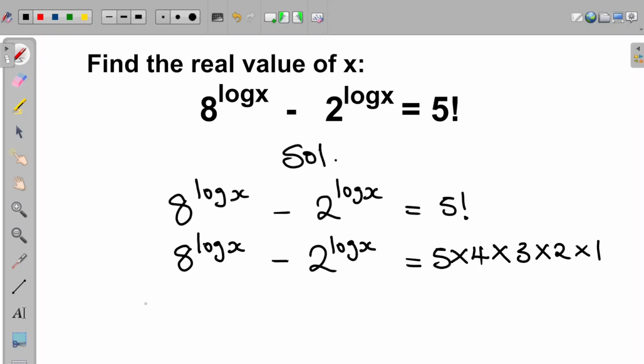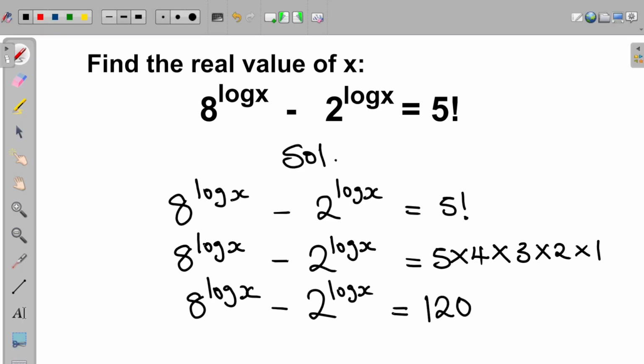So therefore we have that 8 raised to the power of log x minus 2 raised to the power of log x is equal to 120. Now let's call this equation 1.